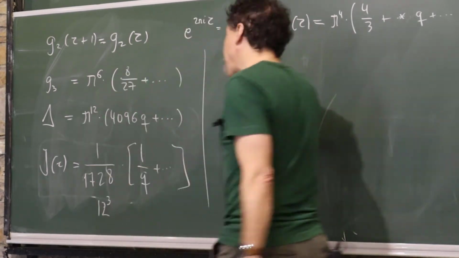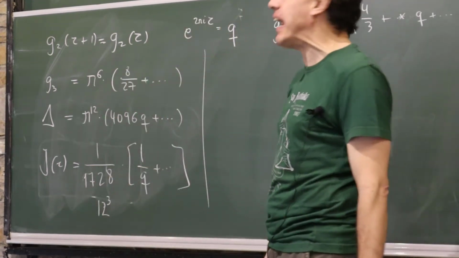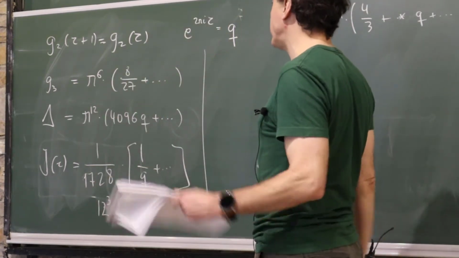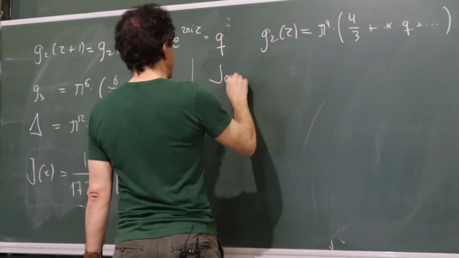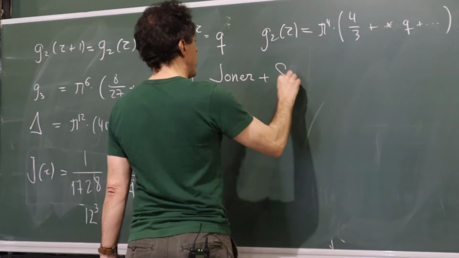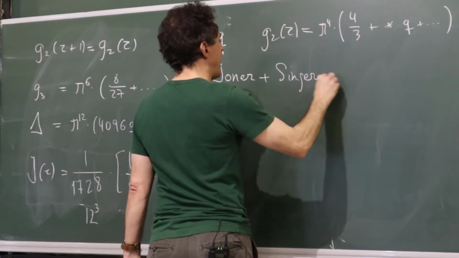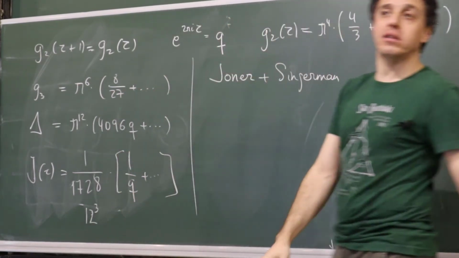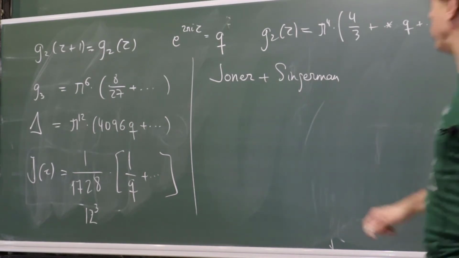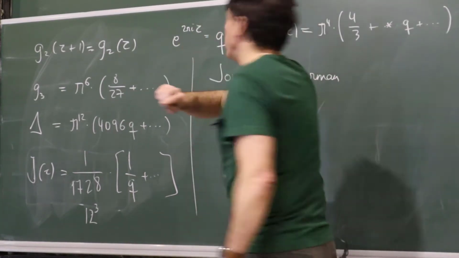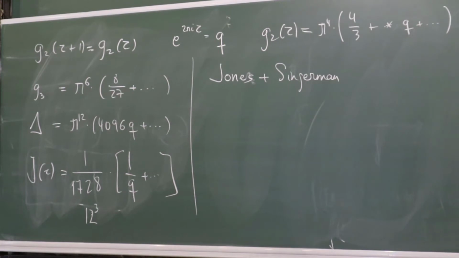Well, there are many places where you can find the details of this computation. One is a book by Jones and Singerman on complex analysis, which is quite geometric sometimes, and has good ideas. It's not the most classical book on complex analysis, but it's quite interesting.